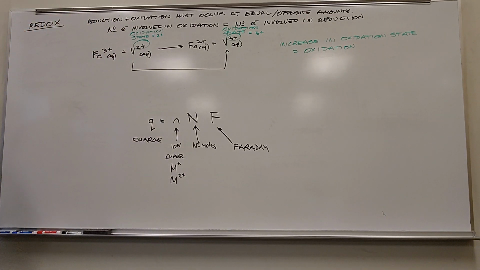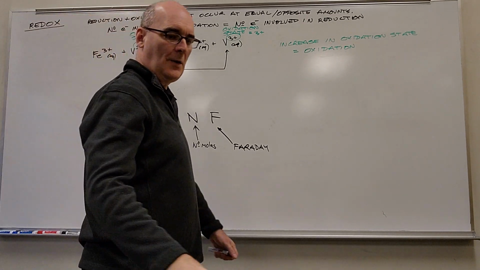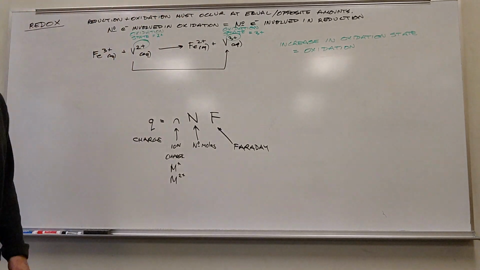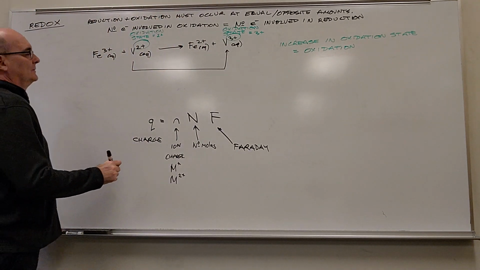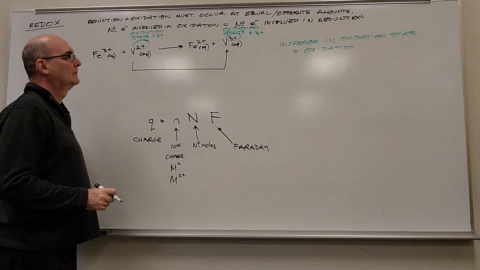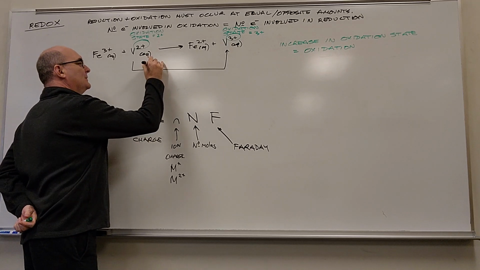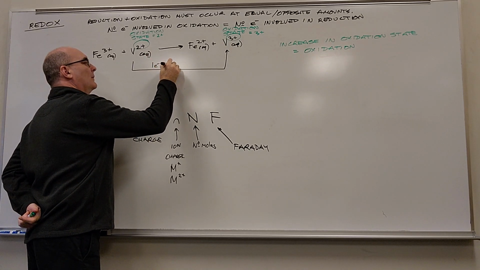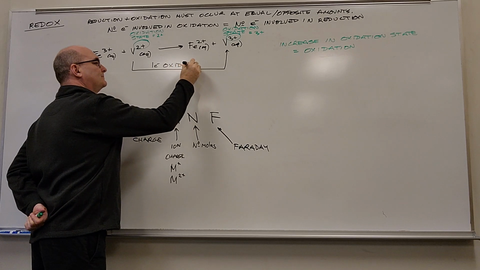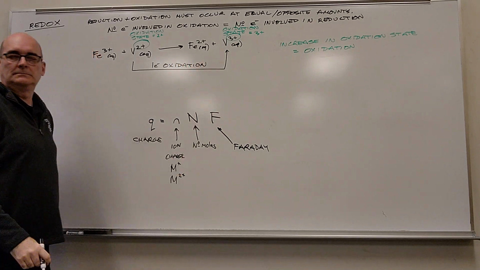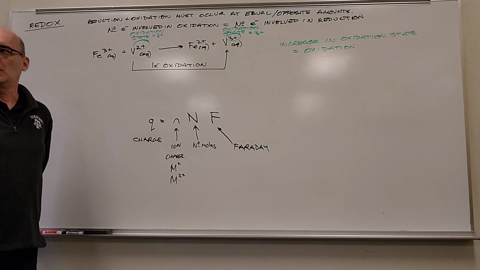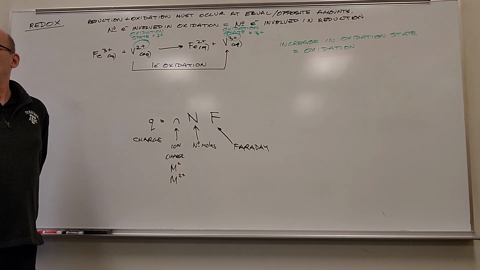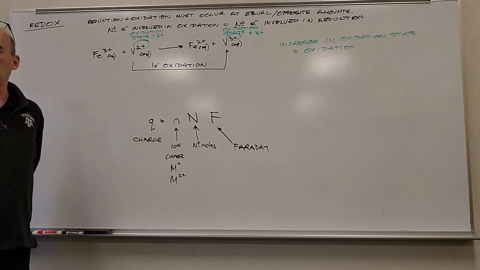Okay, so when we look at the vanadium 2 becoming vanadium 3, that is an oxidation. How many electrons are involved? One. This is a 1 electron oxidation. You can look at this two completely different ways, and these are a tiny bit confusing.